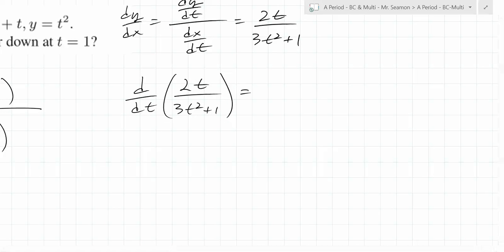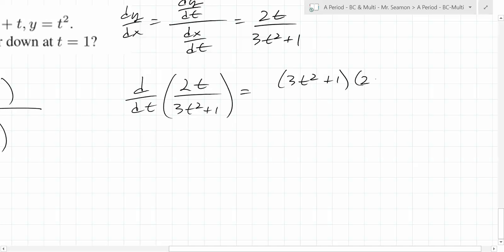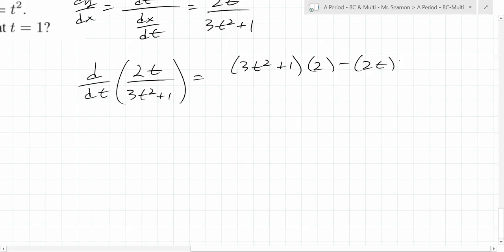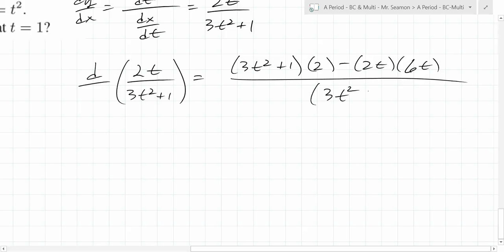Low d high minus high d low. So 3t squared plus 1 is low, d high minus high, what's the derivative of low? 6t, exactly, all over 3t squared plus 1 squared.